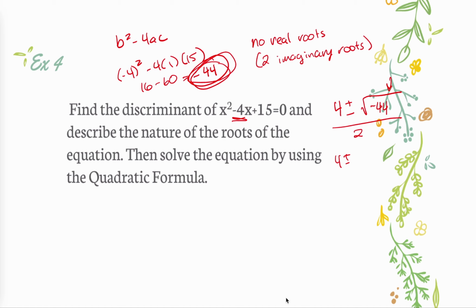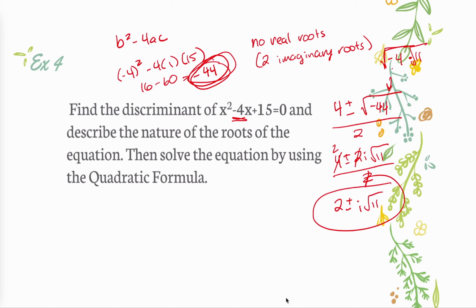We can factor this to be negative 4 times 11, and make these separate square roots. The square root of negative 4 is 2i, and then we have the square root of 11 over 2. And the reason I did that is because that becomes a 2, and those 2's cancel out. You can divide everything by 2. So 2 plus or minus i square root of 11. And that's good enough for me.